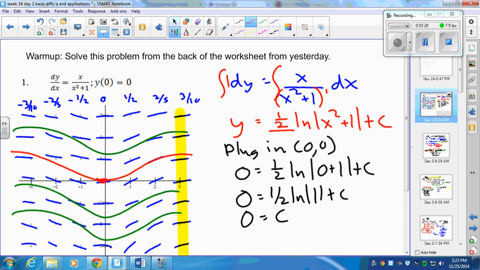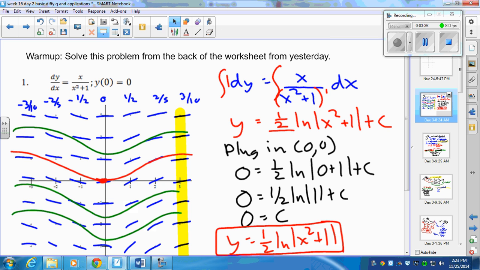So the official red path is y equals 1/2 ln of x squared plus 1. And that's it. That should make sense why the plus c is 0 here, because that c just elevates or lowers your path. Well, I didn't move it off of the axis, so it should be 0. Okay.